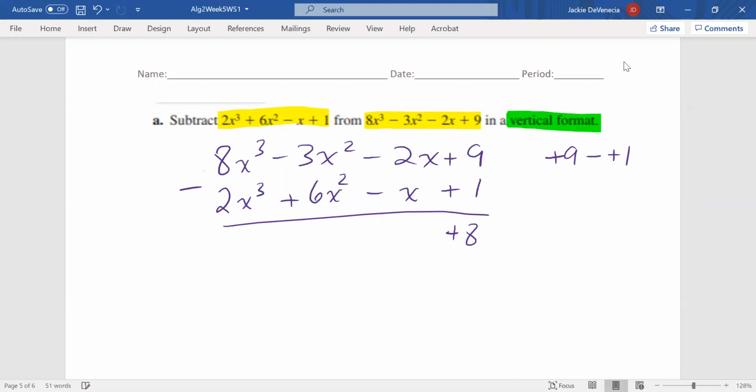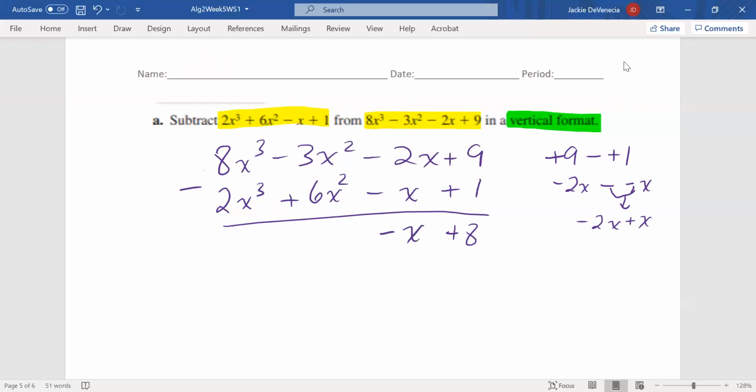Then over here, I'm doing a negative 2x minus a negative x. So you see we have a minus and a negative together, and this whole problem will be rewritten as negative 2x plus x. If you combine these two together, you're going to get a negative x.